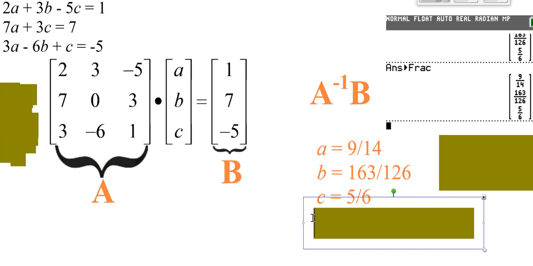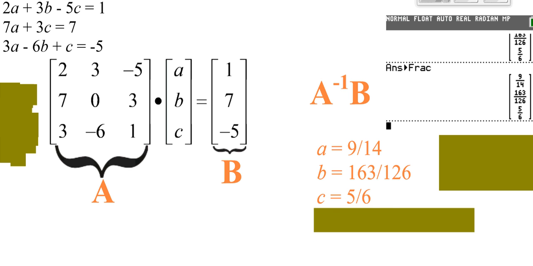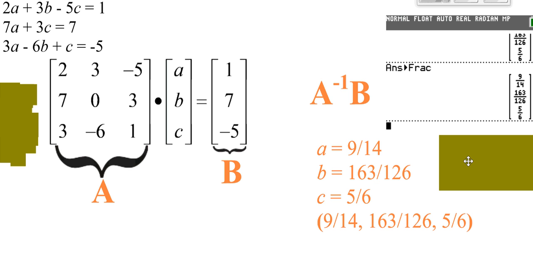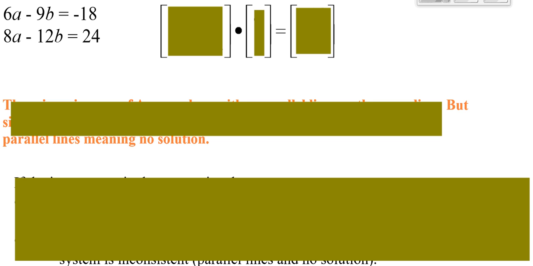So my A value, my B value, my C value. This is referred to as an ordered triple. Make sure you put it in alphabetical order with the parentheses. Now this problem could be done with substitution or elimination, but it would be a real pain with these fractional answers.